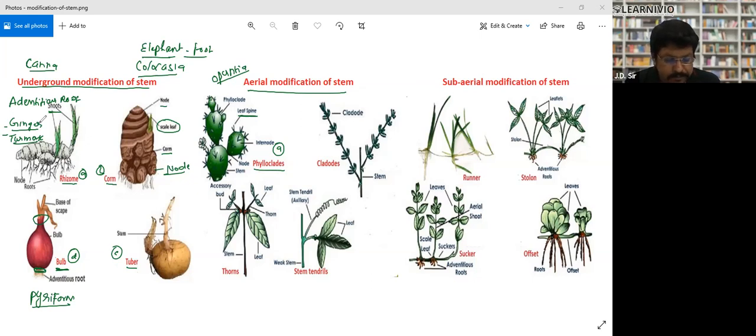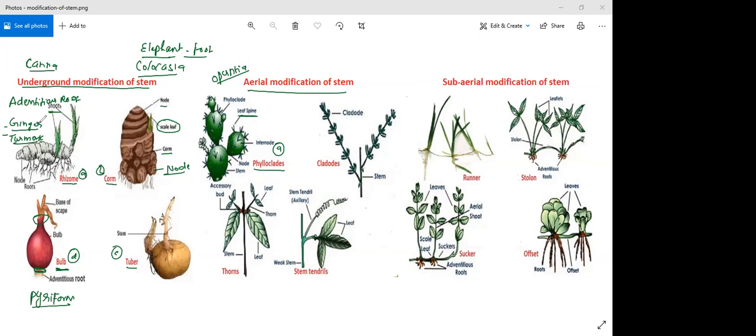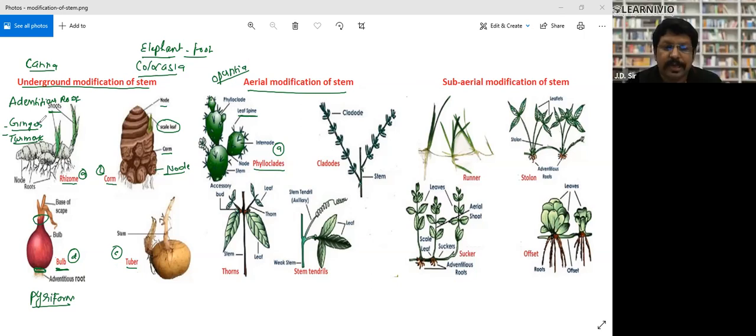Full stop. They are green, like Opuntia. Stem becomes flattened or cylindrical. Full stop.